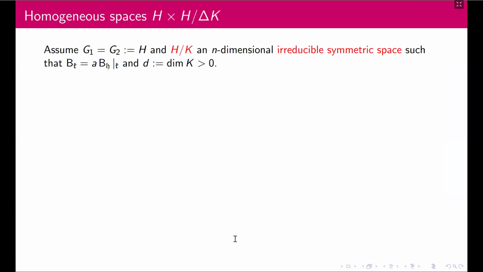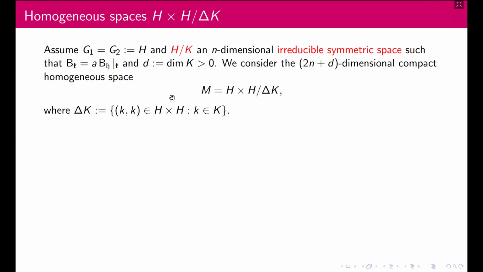For the rest of the talk, we are going to stay in the case, as Emilio said, when G1 is equal to G2, and we are going to call this Lie group H. We now ask H over K to be an irreducible symmetric space such that this condition about the Killing form holds. And this is the dimension of K. So we consider the aligned homogeneous space again of dimension 2n plus t, given by H times H over delta K. Here, delta K is the diagonal embedding because we have that G1 and G2 are equal.